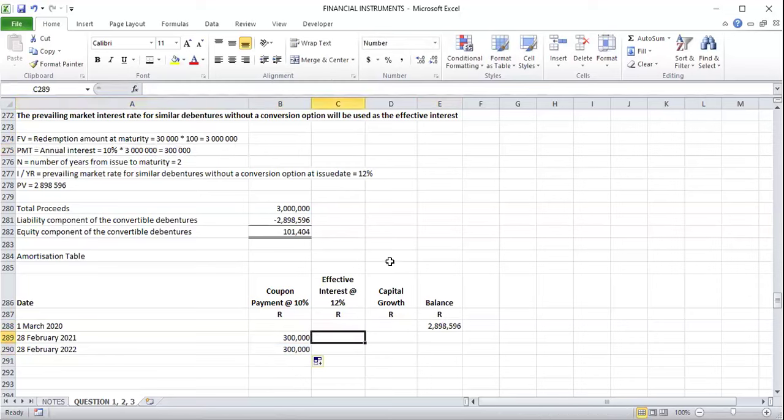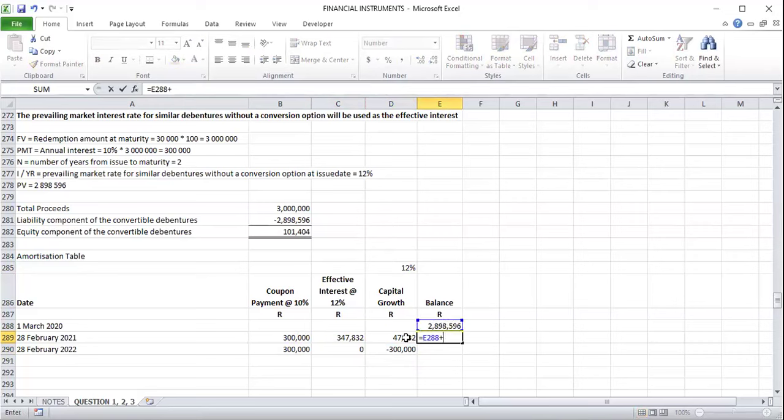Right, then you can use your financial calculator. Right, so that's it.